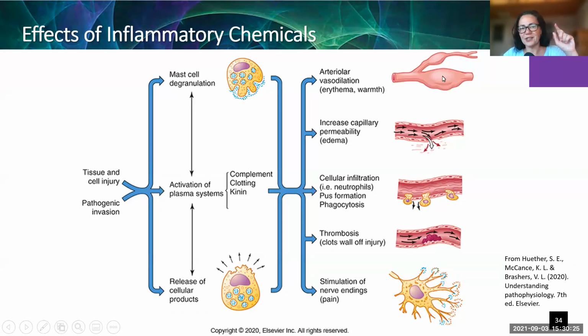This is not a great diagram, but what it is supposed to be showing is arteriolar vasodilation, the relaxation of the muscle, so you get more blood flowing through the area. This also allows the cells lining these capillaries to pull away from each other a little bit and let fluid come out, the fluid that contains the complement proteins, as well as some of the white blood cells squeezing out here too.